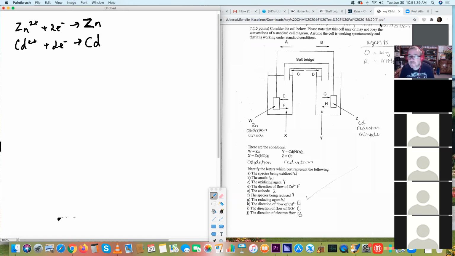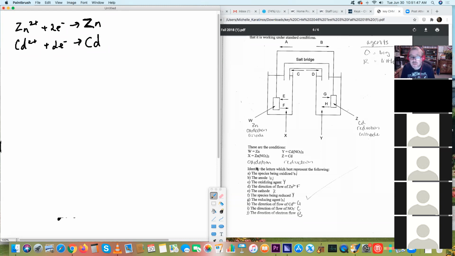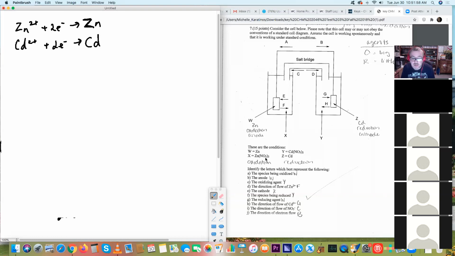Can I ask a question, please? Yes, Madonna. I don't see the zinc 2+ that you put in the equation. Do you see the zinc here? Oh, okay. You can even see it down here. See that?